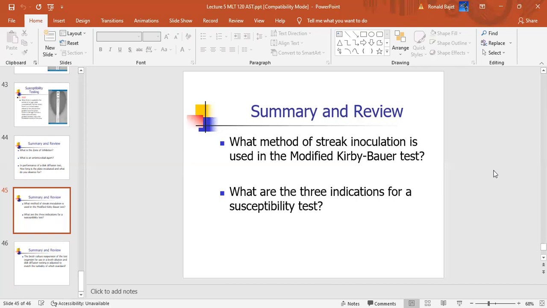Micrococcus. If you see tetrads, there's only one organism that is tetrads in this whole semester, and it's Micrococcus.